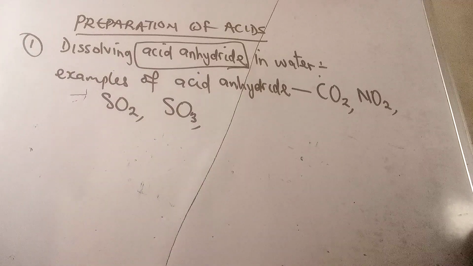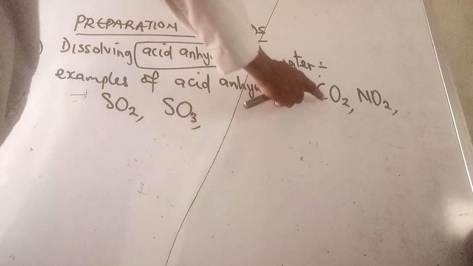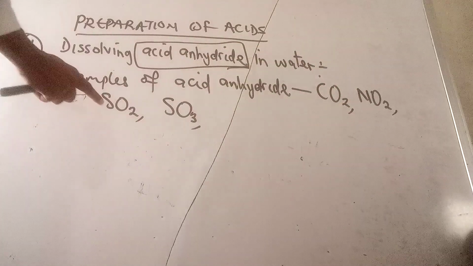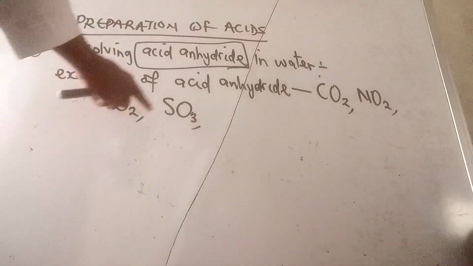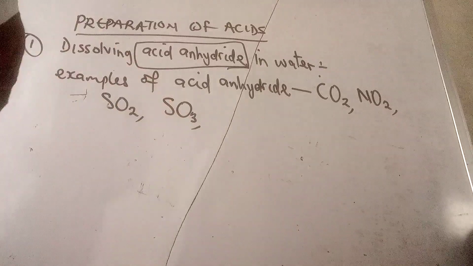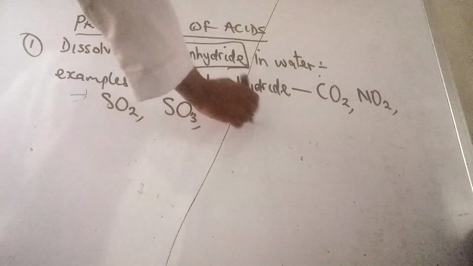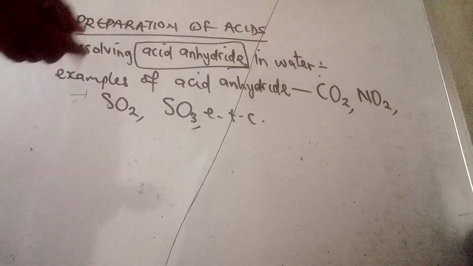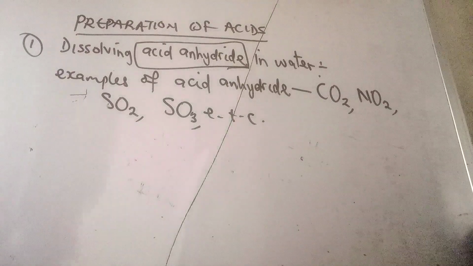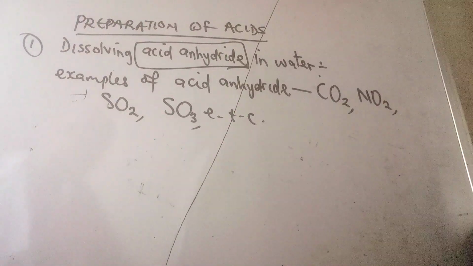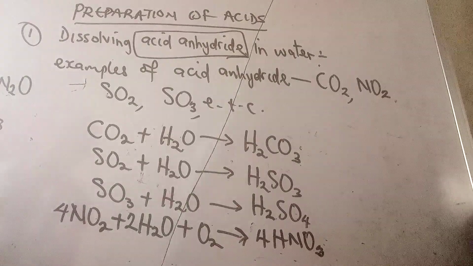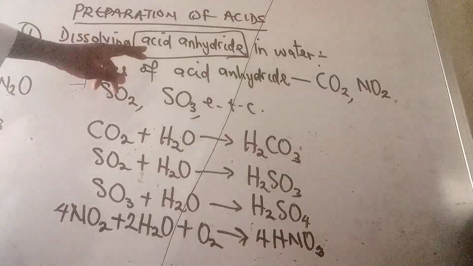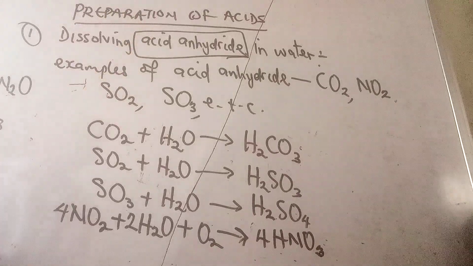Examples of acid anhydride are carbon 4 oxide, nitrogen 4 oxide, sulfur 4 oxide, sulfur 6 oxide, etc. Whenever any of these is dissolved in water, it produces an acid. For example, these are equations to back up acid anhydride dissolved in water.